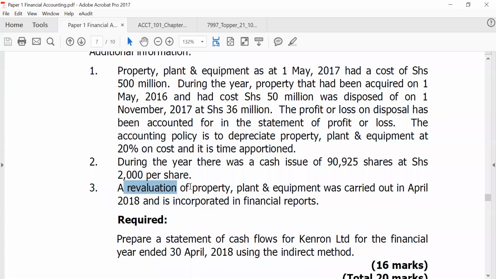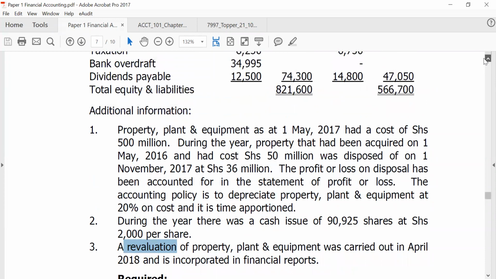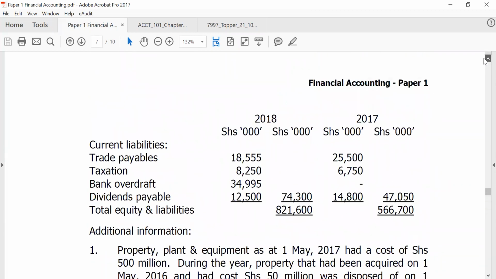They're telling us that a revaluation of property, plant and equipment was carried out in April 2018, and it's incorporated in financial reports. Now, revaluation also affects our PPE account, because revaluation would mean that our assets have changed value.